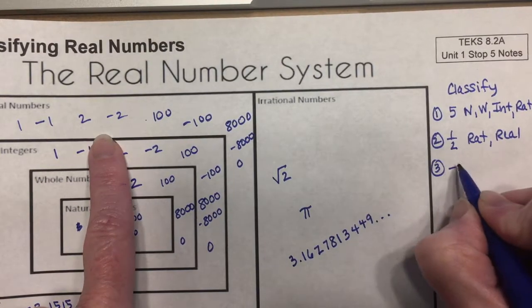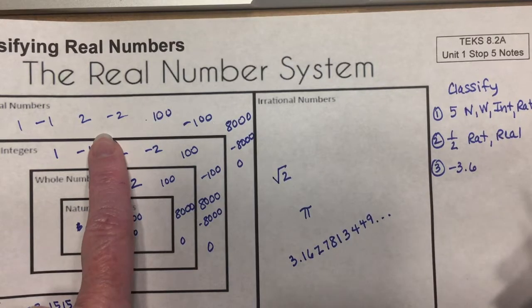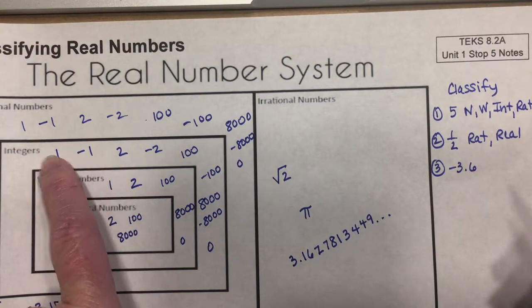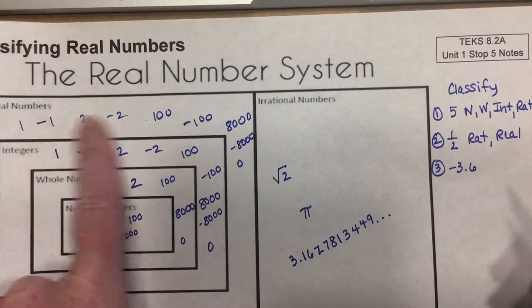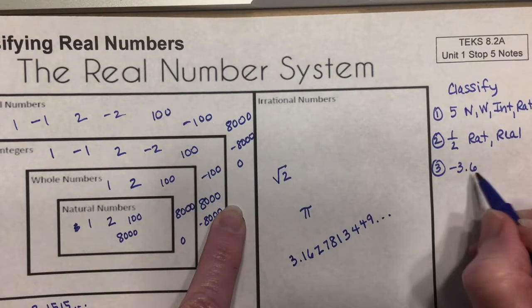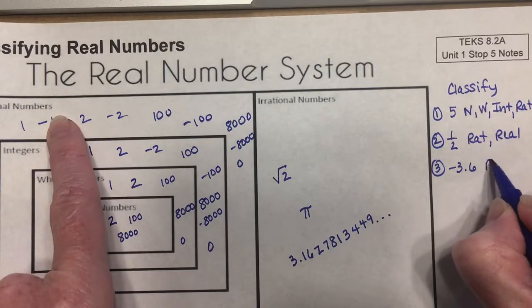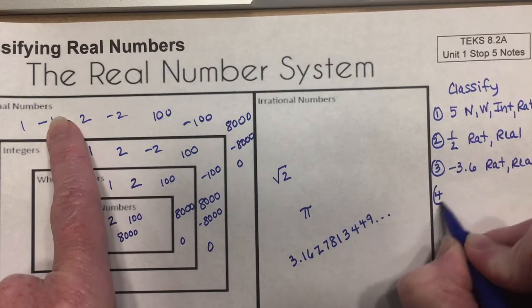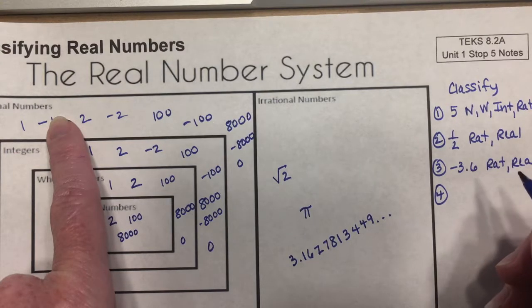Let's try, how about a decimal? -3.6. All right, so it's not natural, it's not whole, it's not an integer. Look, integers don't have any decimals. The only thing with decimals that stop, right, are the rational numbers. And if it's rational, it's also real. All of these are going to be real, right? How about this one?